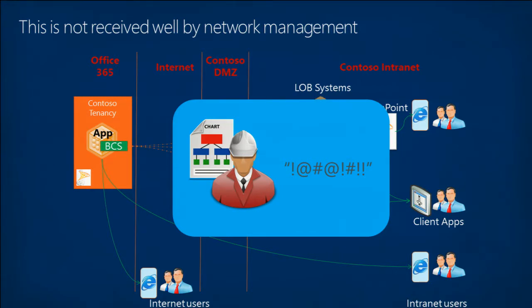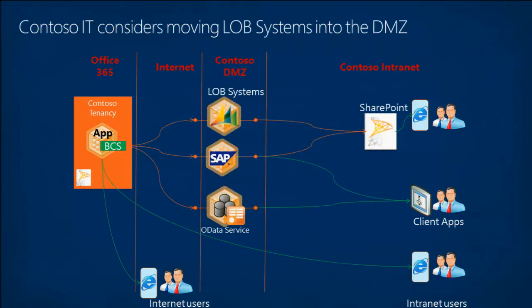So given that this typically is not an option, let's say what the second step might be. You might consider, okay, we'll start moving our services, our data, into the DMZ, or the perimeter network. People call this by different names, but the perimeter network or the DMZ for demilitarized zone is a common phrase.